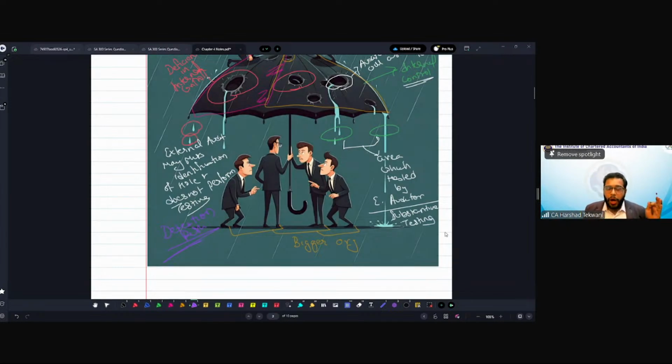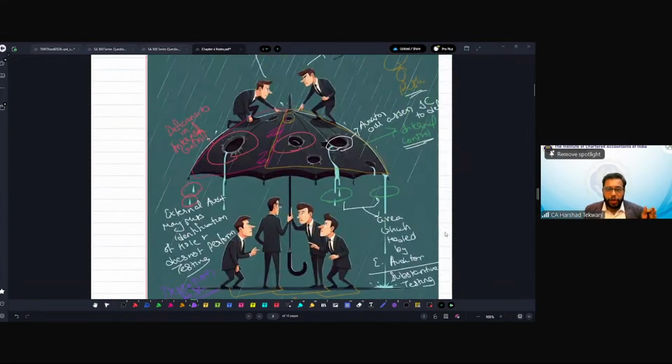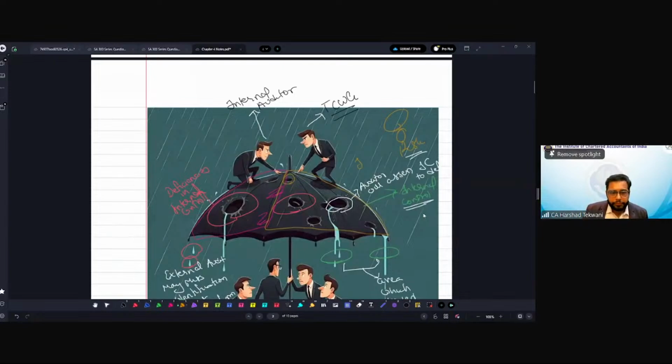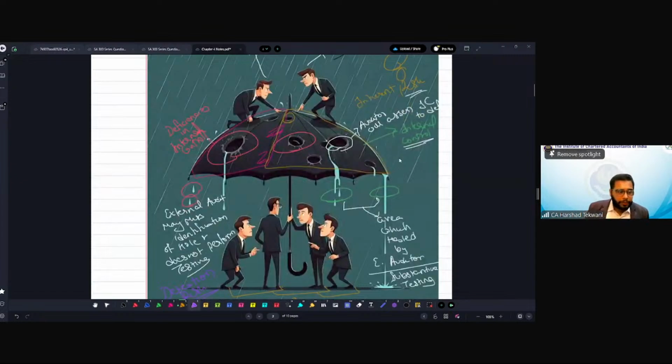If you combine all the 3 risks, your inherent risk, which is the rain, your control risk, and your detection risk, you will get your audit risk.